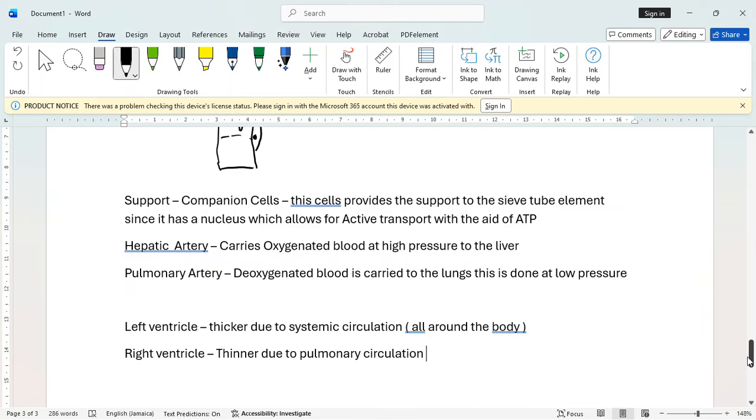So the blood is being pumped at low pressure, and God made it that way because if it were pumped at high pressure, it would have been damaging when it reaches the lung, right at the alveoli. Your body would have had problems. So it is even beneficial that it's not being pumped at a high pressure.